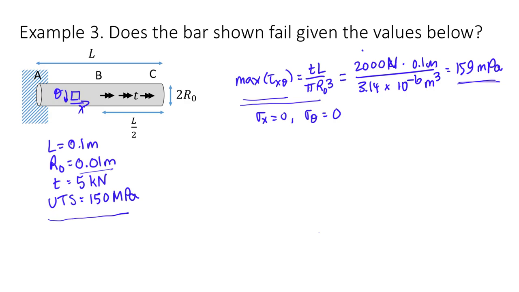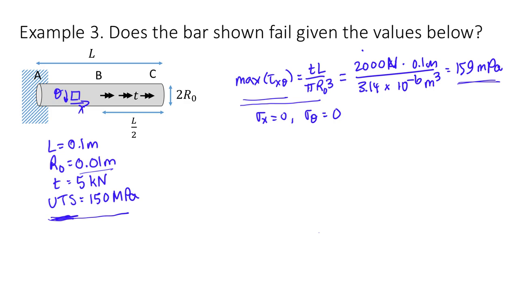So in a case of pure shear, we normally would compare this to ultimate shear stress, but in this case, we're only given ultimate tensile stress. There's no ultimate shear stress. This happens sometimes, that these are the only values available for a material because of how the material had been tested.